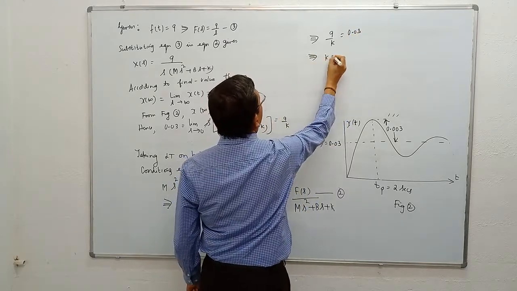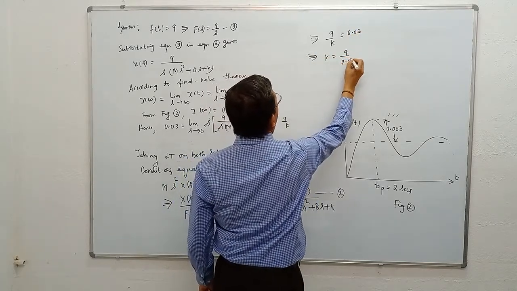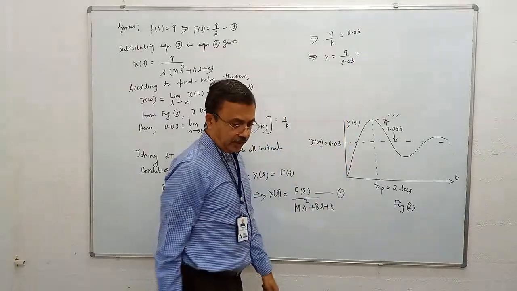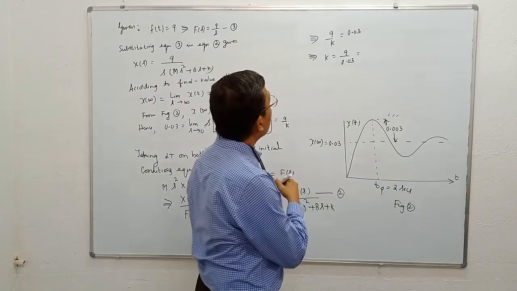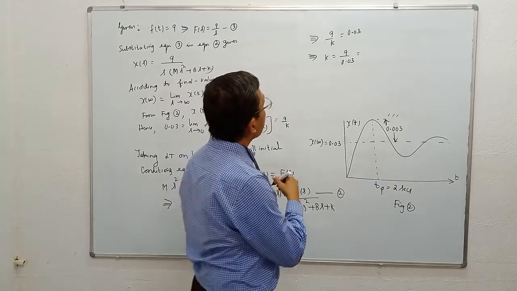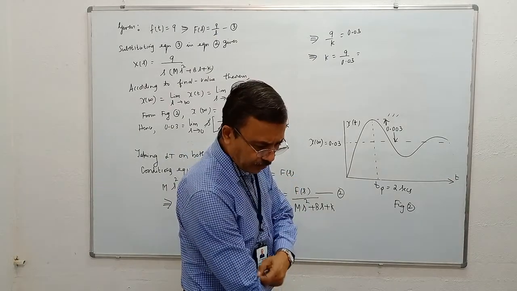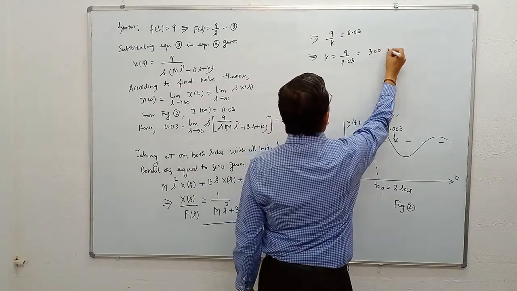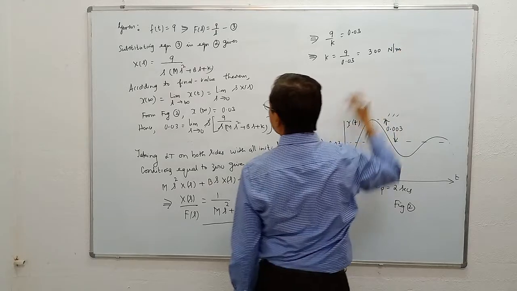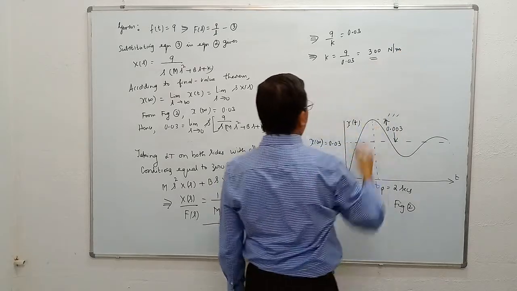This in turn implies k is equal to 9 by 0.03, so the value of k is equal to 300 newtons per meter. This is the value of k.